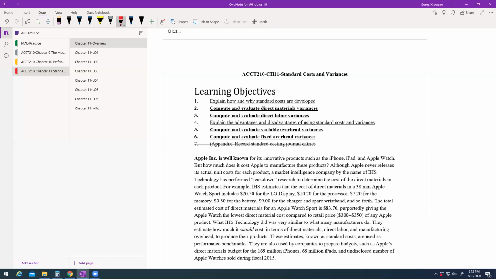The first 3 are variable costs, so they follow similar logic. The last one is fixed manufacturing overhead cost, and it's a little bit different. So your job is to focus on this 4-item calculation and interpretation of direct material, direct labor, and also the fixed manufacturing overhead volume variance.